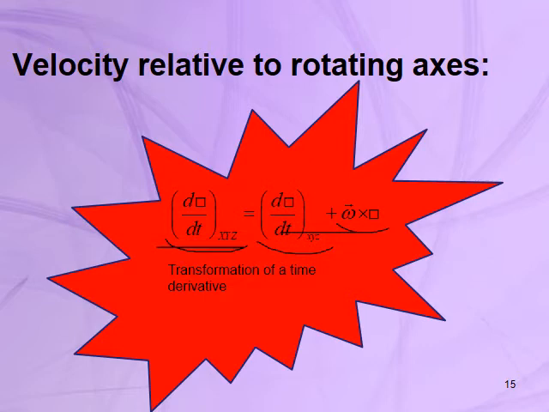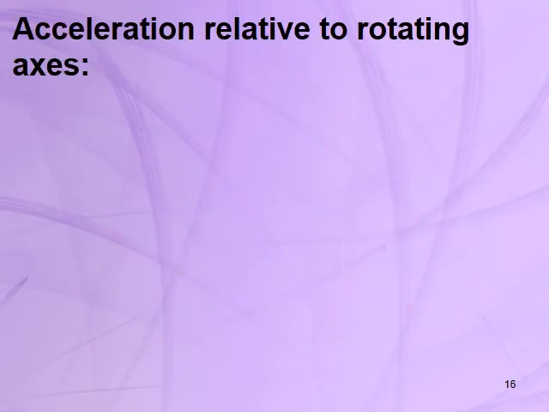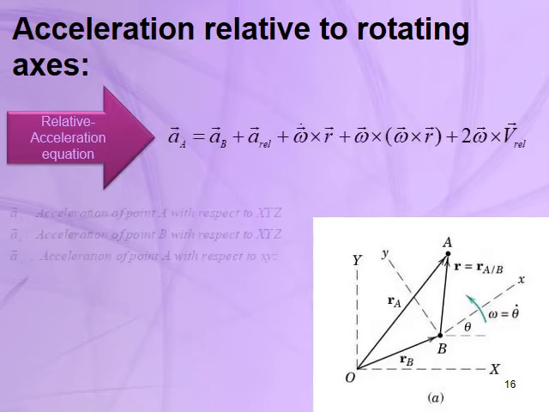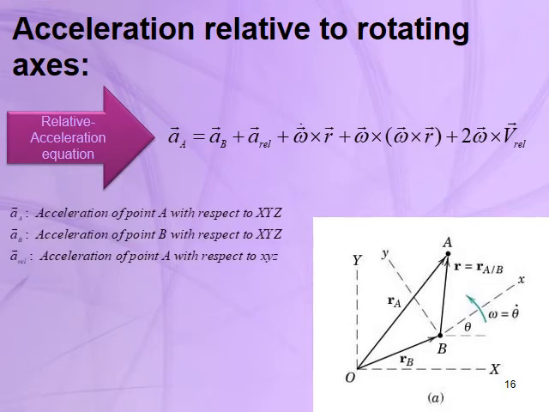So this parameter can be any vector. For example, it can be displacement, velocity, acceleration, and any other parameters. So you can substitute here and expand your relation, and after simplifying the equation you can extract the relative acceleration equation for one particle with respect to a relative coordinate system.